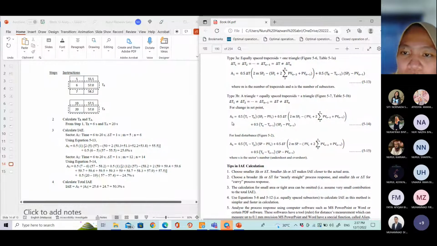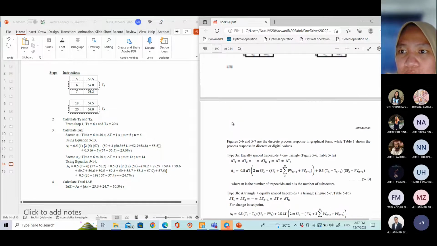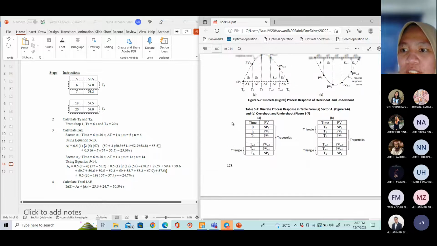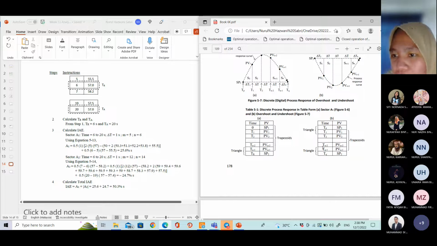To avoid confusion when you insert the values, make sure you refer back to this table, because the equation is referring to this table. So for your table, to make it easier, you had better name the time and also the PV according to this table.